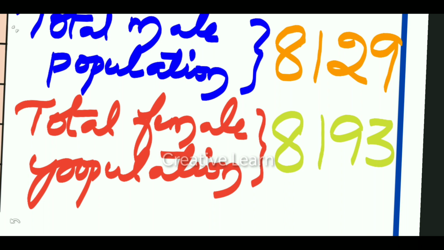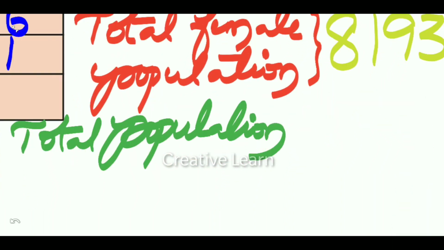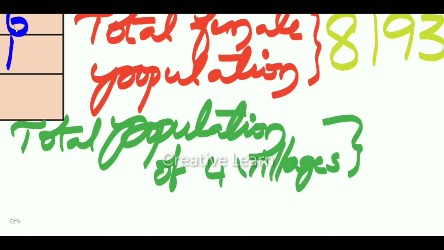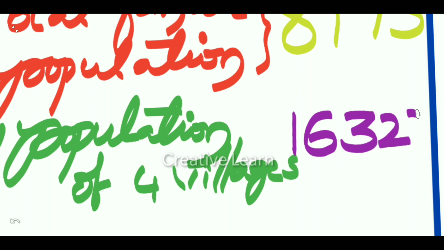Now next, the total population of 4 villages. Let's write here: what is the total population of 4 villages? That is 16,322.